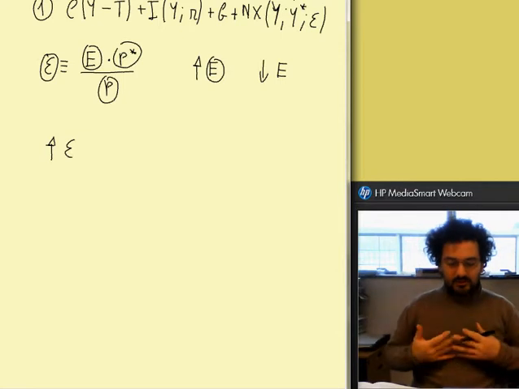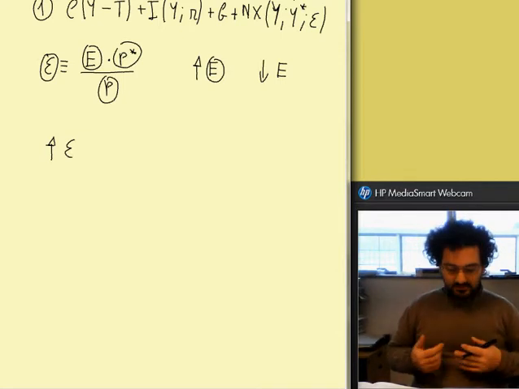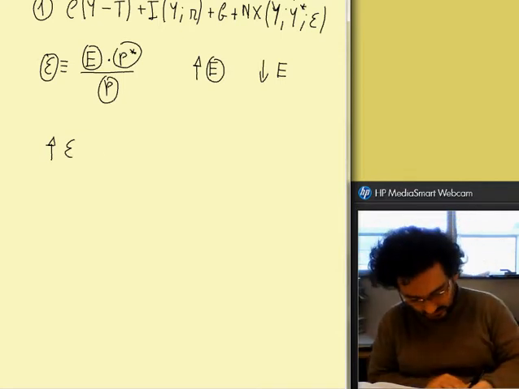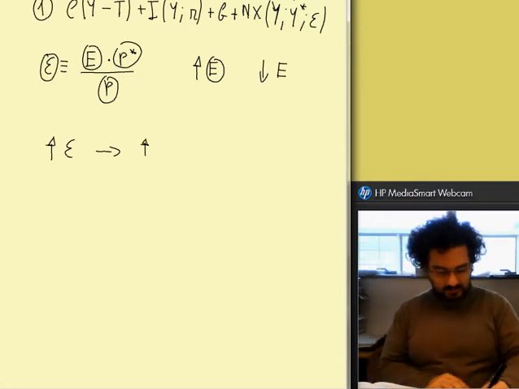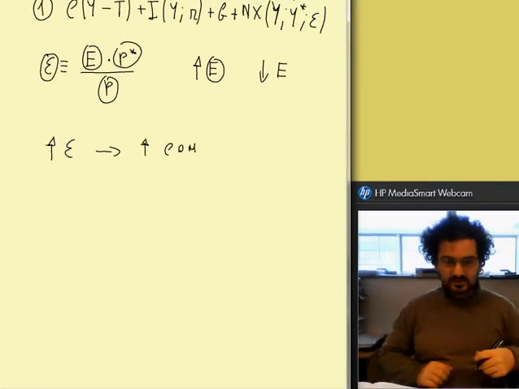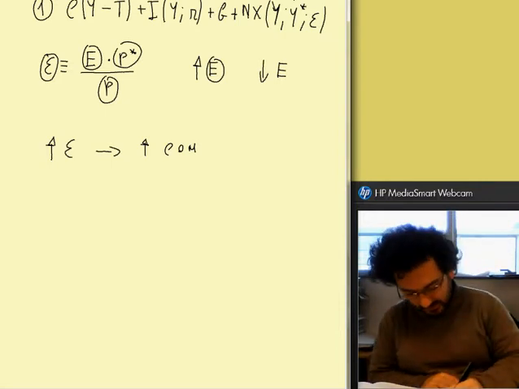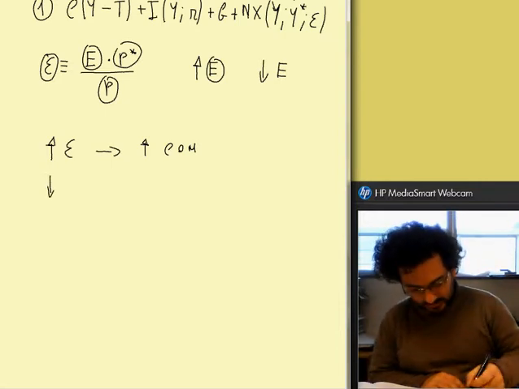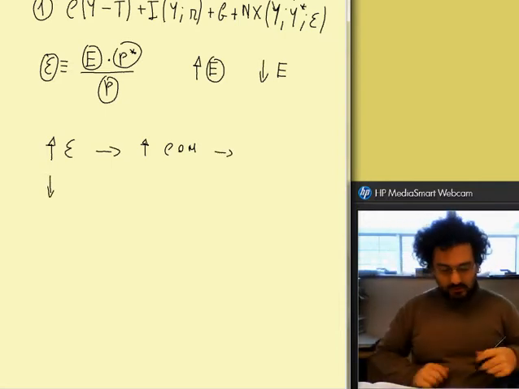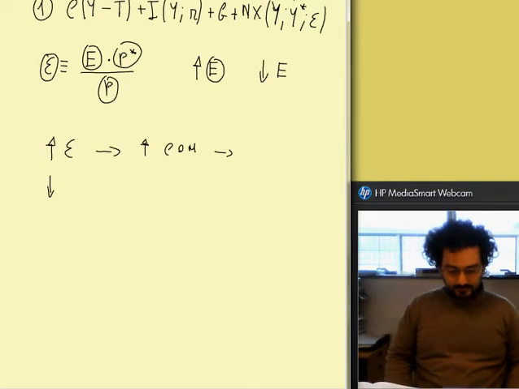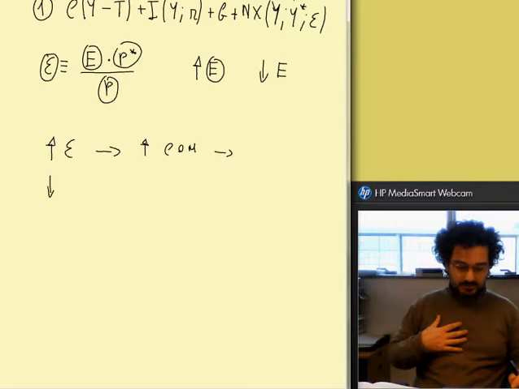So we have an increase in competitiveness for our country, and this also means a real depreciation of our currency.